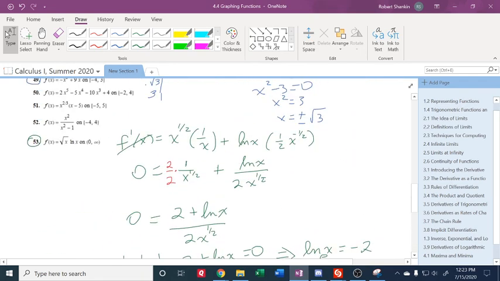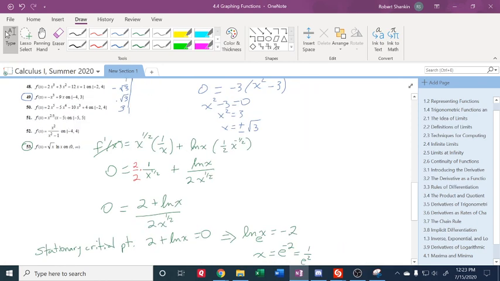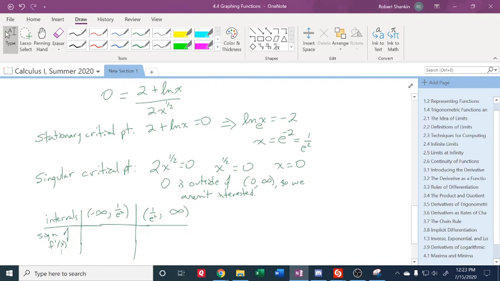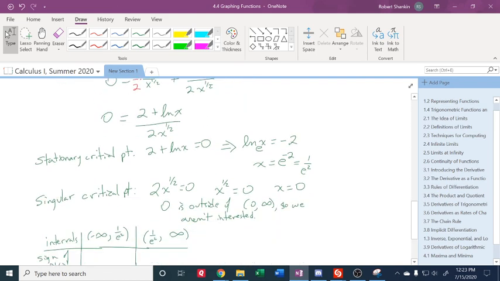Okay. f prime of x, let me make things a little smaller here. f prime of x was this expression right here, which is the same as this expression here. And when x is really small, well, when x is, let's just do this one.